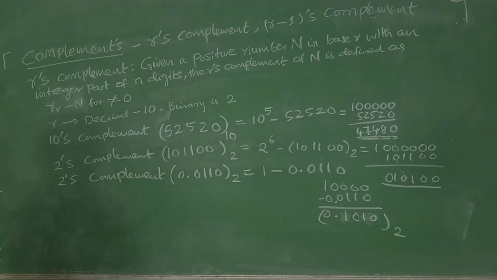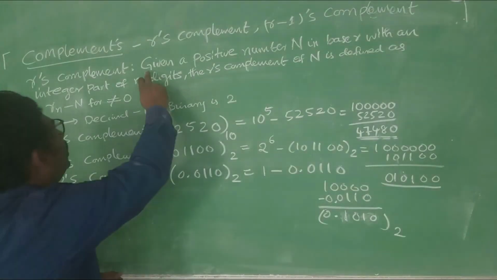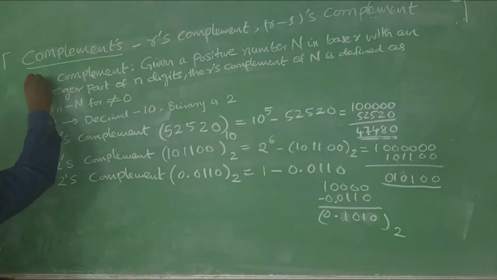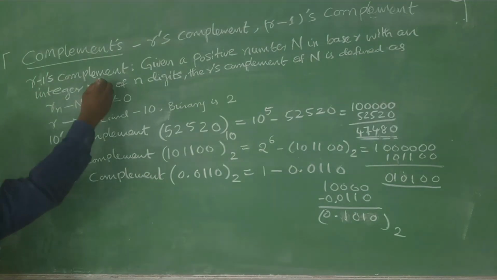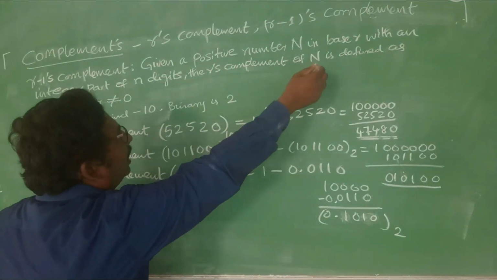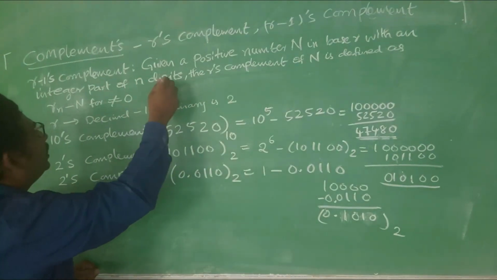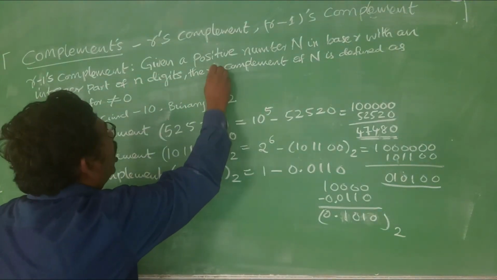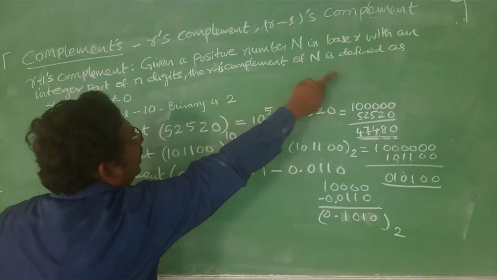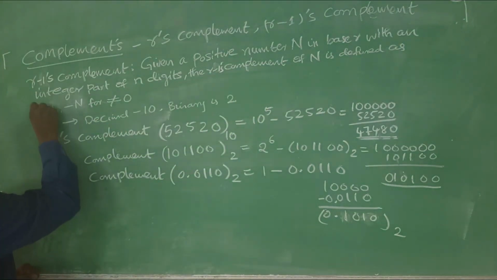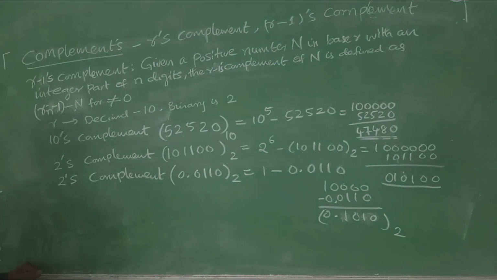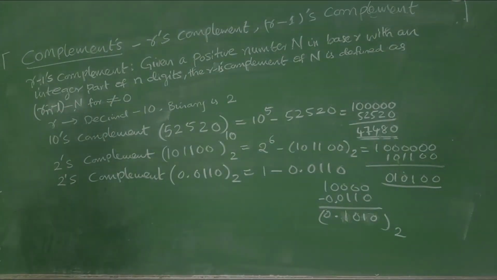When we discuss the R minus 1's complement, there won't be much change. Given a positive number N in base R with an integer part of n digits, the R minus 1's complement of N is defined as R to the power of n minus 1 minus N, for N not equal to 0.